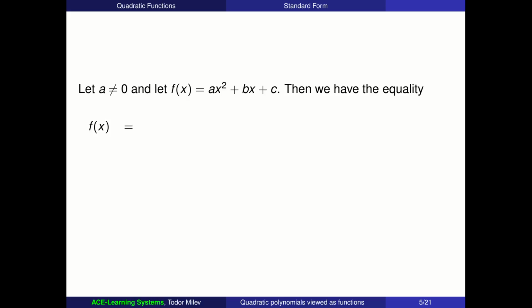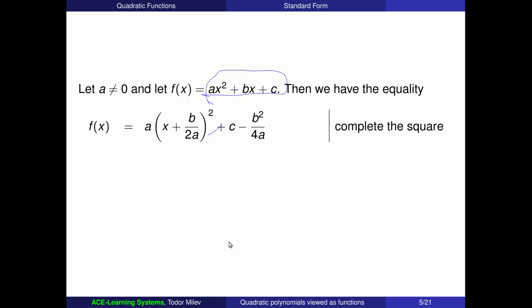Now, I want to teach you one mathematical term, that of a quadratic polynomial discriminant. So what did we do in the preceding slide? We took the expression ax squared plus bx plus c and we rewrote it as a times (x plus b over 2a) squared plus c minus b squared over 4a.